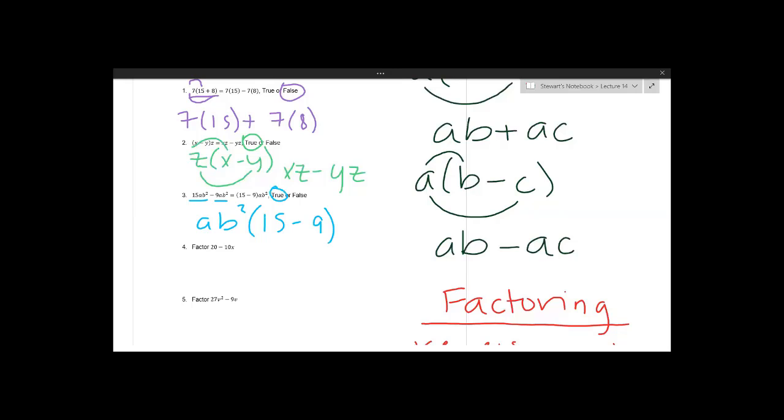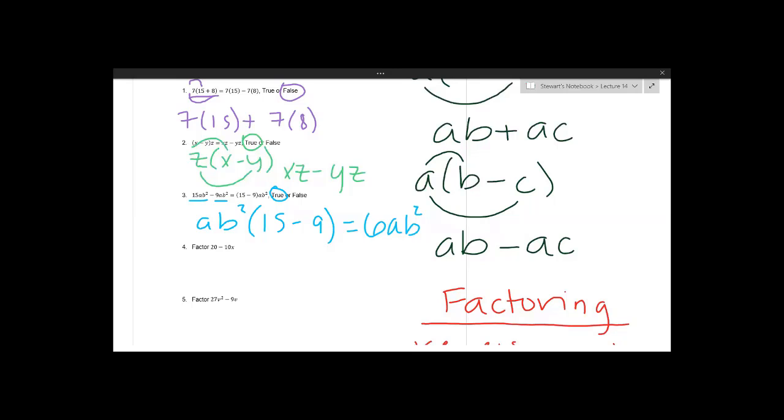So this one's true. One thing to notice about this one too is that since the variables are the same, you could consider these like terms and just subtract the like terms, and you'd get the same answer, because if you do 15 minus 9, you're going to get 6. This would equal 6ab squared, and you could get to the same conclusion if you just subtracted them.